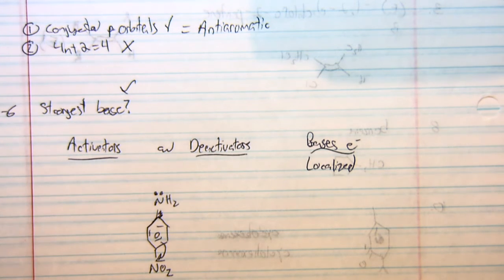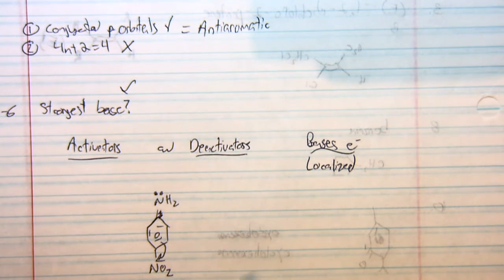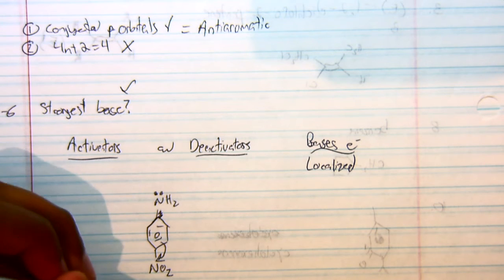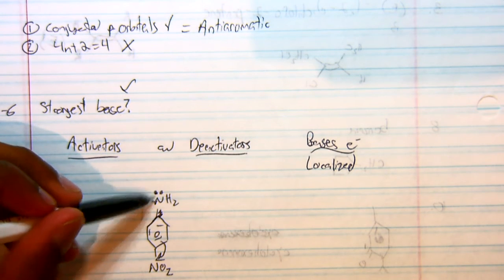All of these have resonance because of the aromatic ring, so it's asking which one has less resonance, in a way. Which one has the electrons more localized? In the case of NO2, if it's going around the ring and then has to also go through NO2 and come back around to become the lone pair again, that takes a little more time.